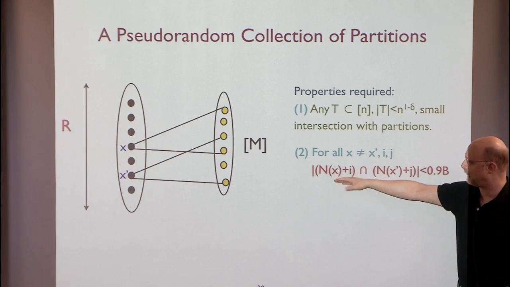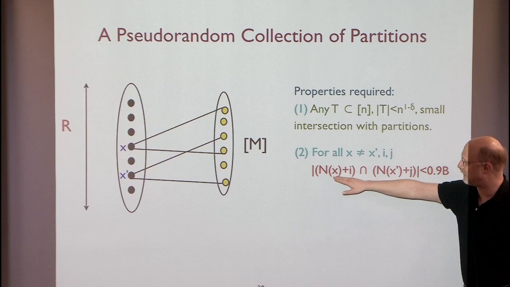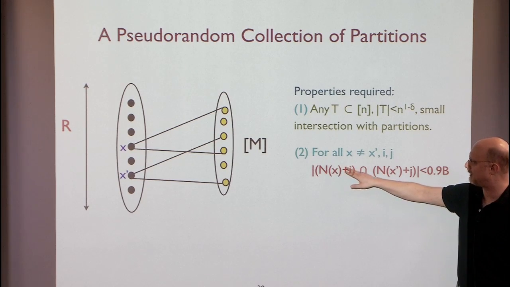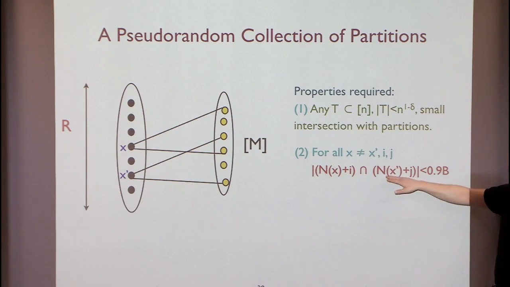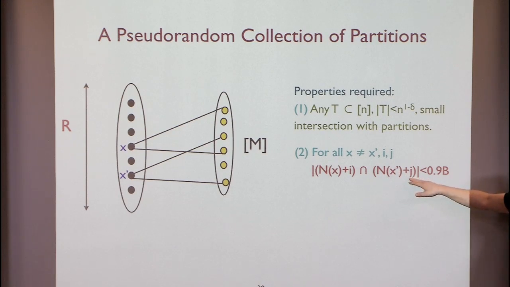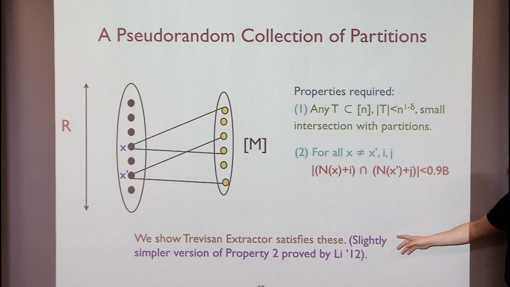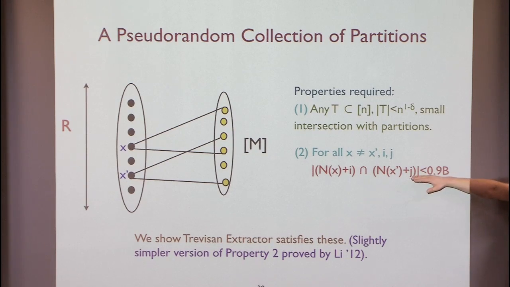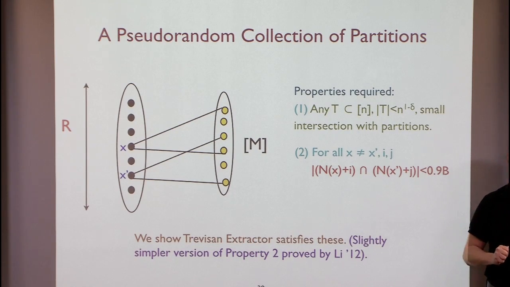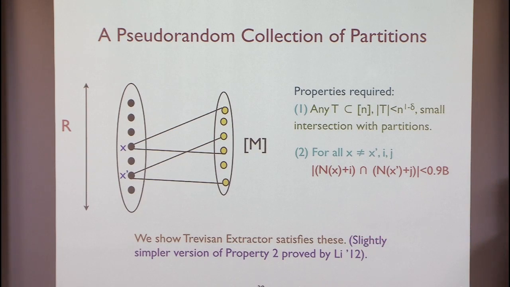If you translate it into this setting, it says that the neighbors of some node x, if you add i, and you intersect it with the neighbors of x prime, and you add j, this shouldn't be too large, maybe 0.9 times b. And this follows if we use Trevisan's extractor. So this is related to what Lee called a design extractor. It's some generalization.